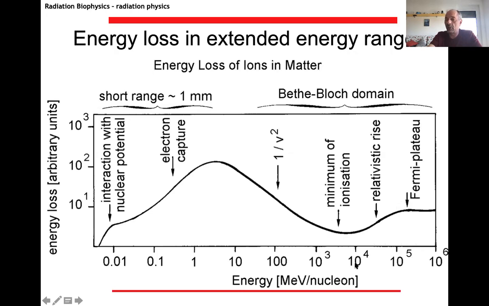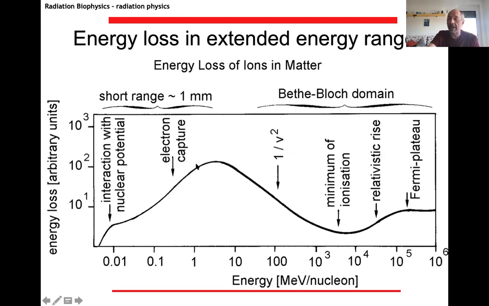This is in the order of 10 to the 6 MeV per nucleon, so 10 to the 12 eV per nucleon. On the other side, the maximum is here, because you start to have electron capture, so you enter the Barkas region.